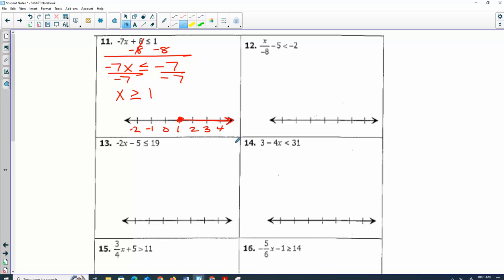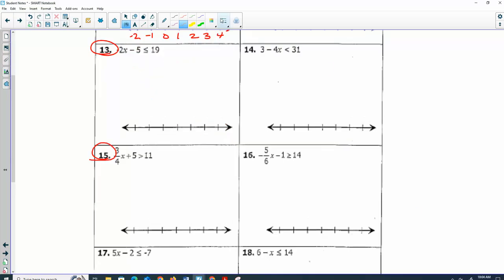Alright, I want you guys to try 13 and 15 for me. First step is to add over the 5. We have negative 2x less than or equal to 24. Divide by negative 2. Because it's a negative, the inequality flips, so x is greater than or equal to negative 12.